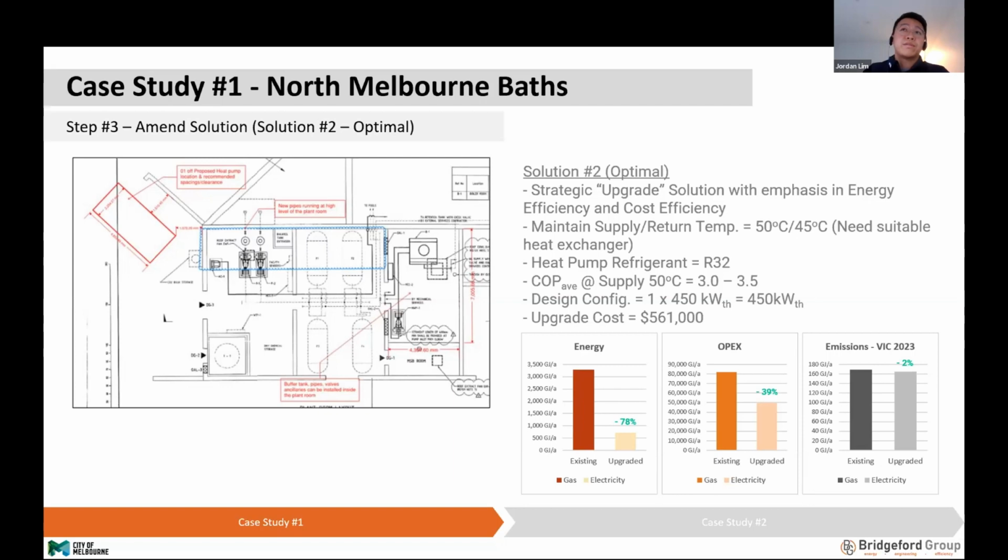Because the efficiency of the heat pump is now so much better, there's a significant reduction in energy, 78%. And with the running cost, you now actually have a saving, and also in emissions. Even emissions-wise, it's about 2% savings. That's Victoria for you at the moment. But other states are probably better because the grid is cleaner.